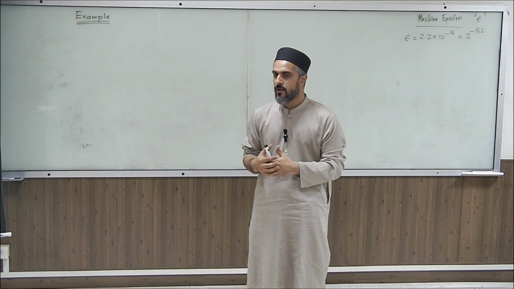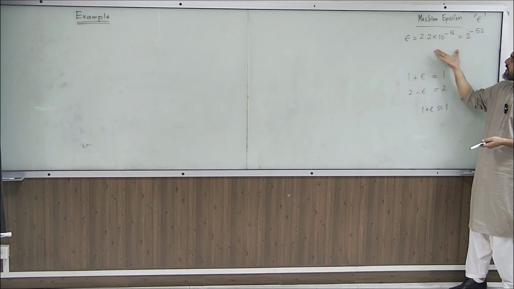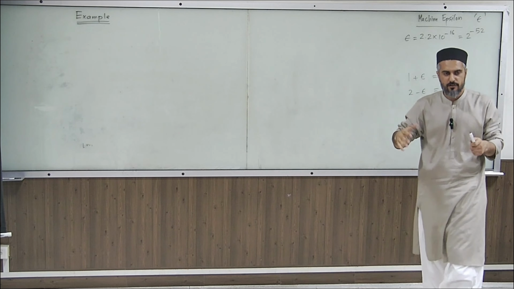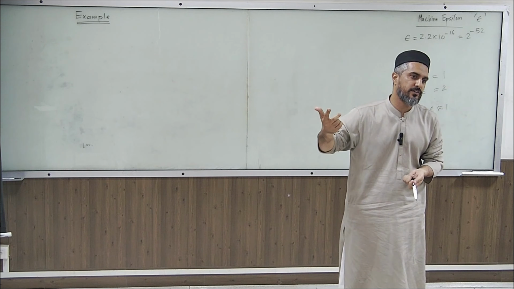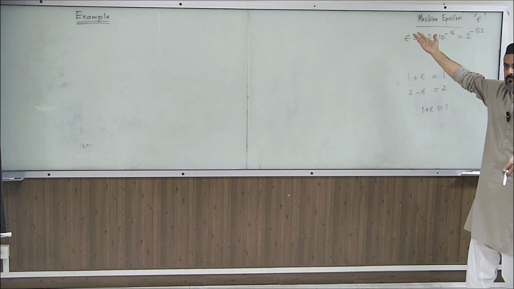Consider it as the first number after 0. In mathematics we can't find that number, but since machines have finite arithmetic, we have to define a number which is the first number after 0.